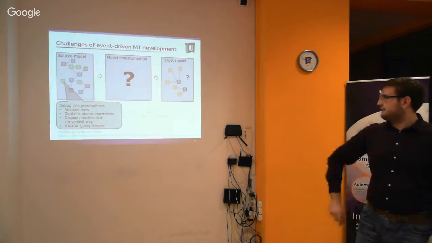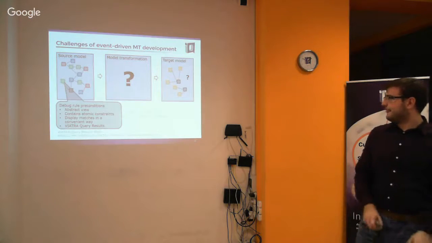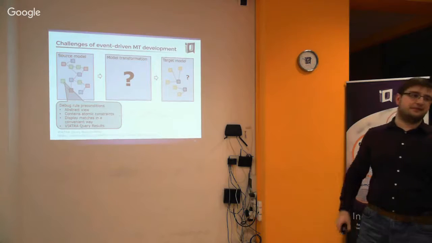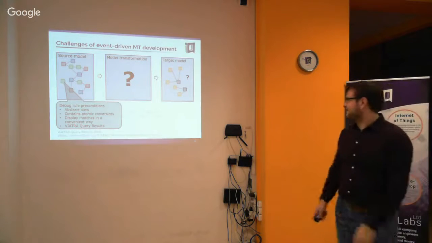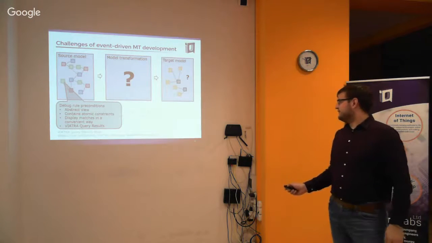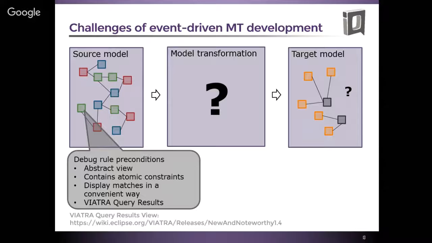One of the other options is using the VIATRA query results view, which is available since VIATRA version 1.4. It specializes in debugging VIATRA queries, which in this case are rule preconditions.